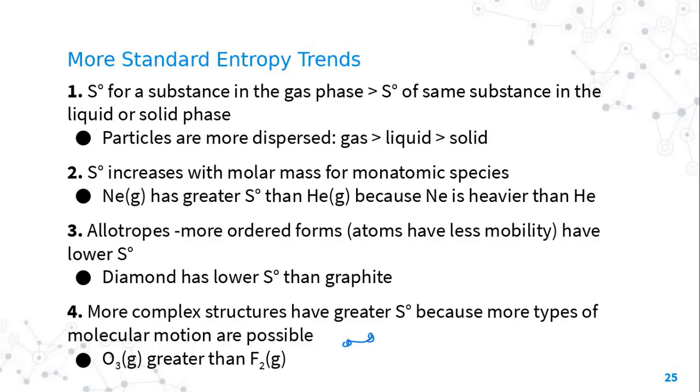They can go back and forth, up and down. That's pretty much it. But if you have three dots connected, which represents the ozone, those have a lot more ways they can move, because all three of those atoms can move up and down, back and forth, and there's just more types of motion possible. So if you have a more complex structure, that will lead to having a greater entropy.